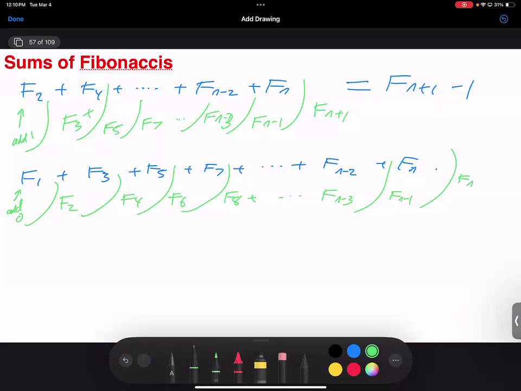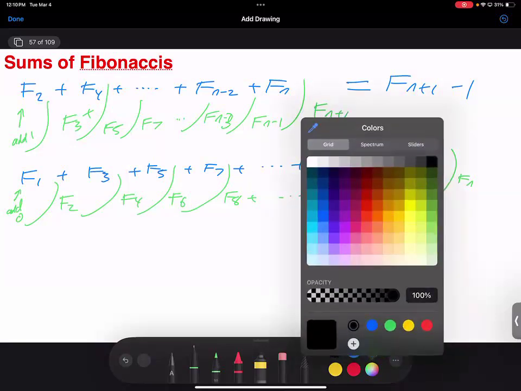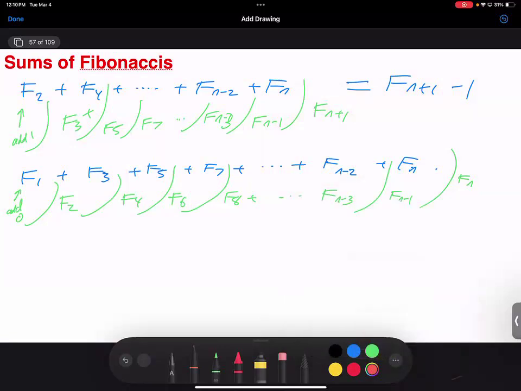So can we now figure out the sum of all the Fibonacci numbers? Again, we have to be a little bit careful with odds and evens. If I give you F1 plus F2 plus dot dot dot plus F2n minus 1 plus F2n, I can write this as F with the odd indices plus F with the even indices.